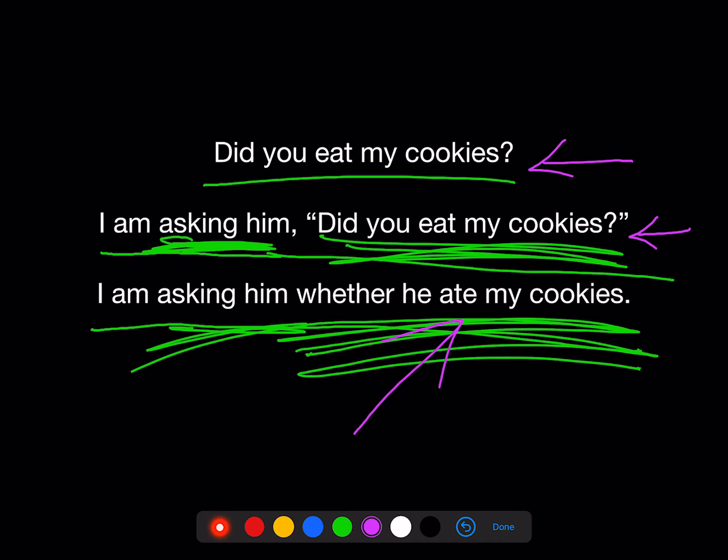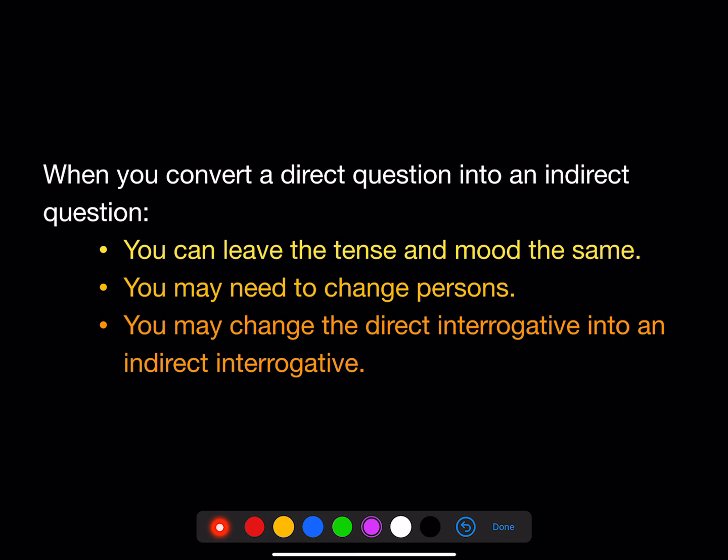Okay? So, in Greek, if you take a direct question and turn it into an indirect question, subordinate it to a verb of saying or asking or wondering or perceiving, you can leave the tense and mood that you had in the direct question exactly the same, but you might need to change the person.